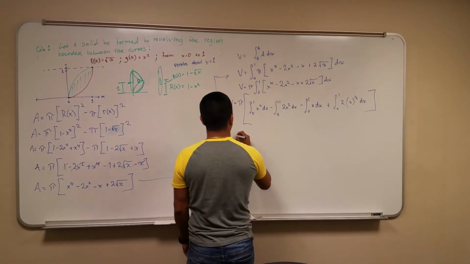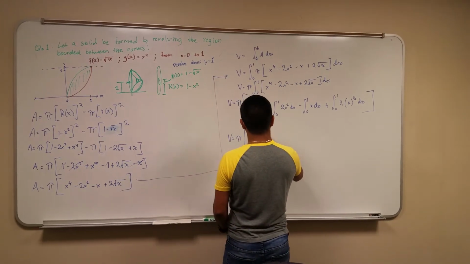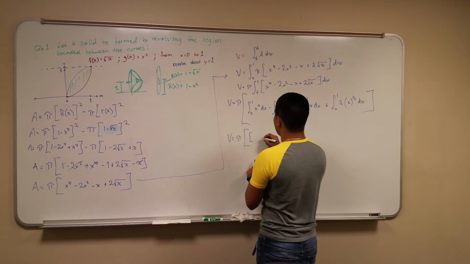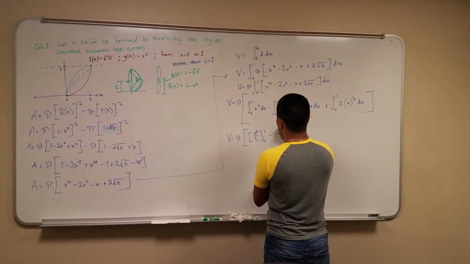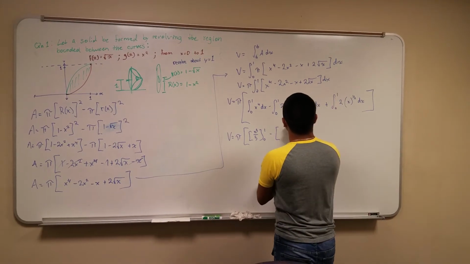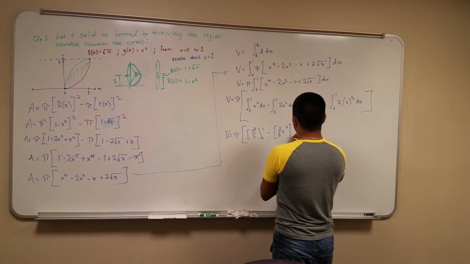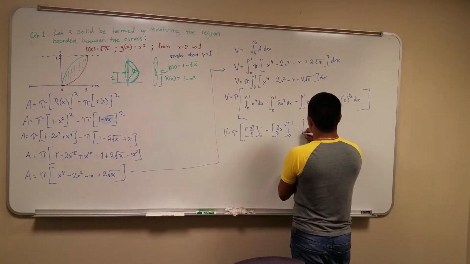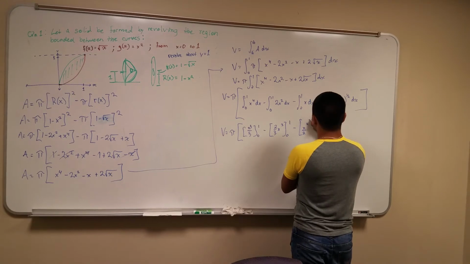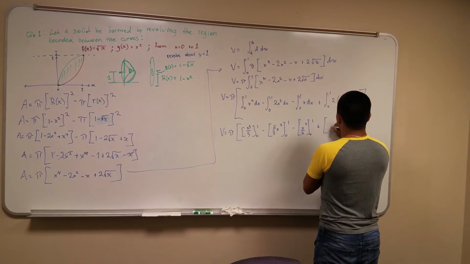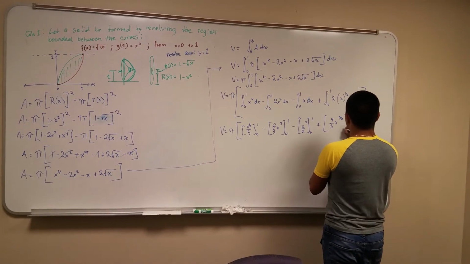By doing so, we can integrate, and this is going to become x to the 5th divided by 5 from 0 to 1, minus 2/3 x to the 3rd from 0 to 1, minus x squared over 2 from 0 to 1, plus 4/3 x to the 3/2 from 0 to 1.